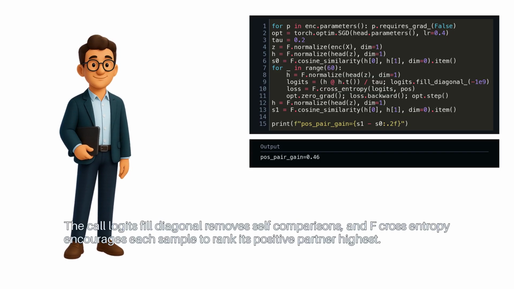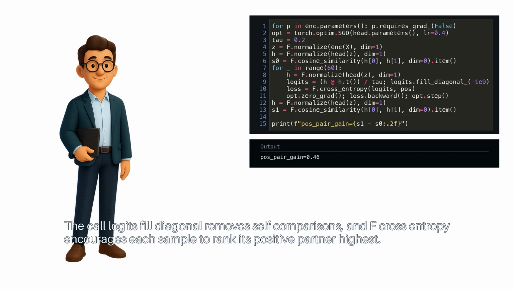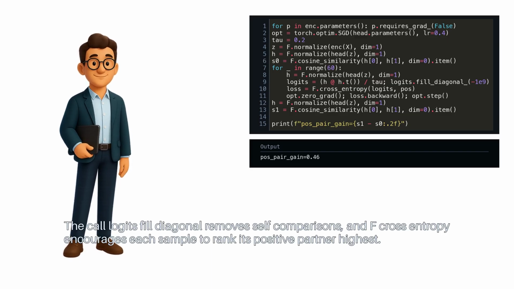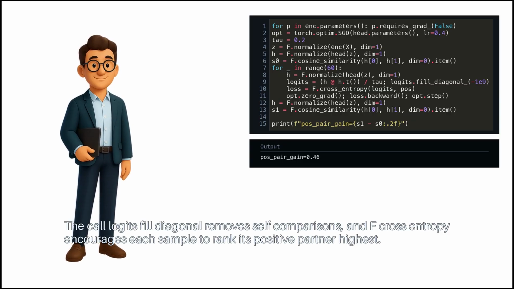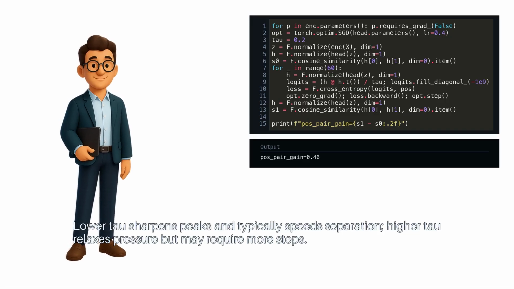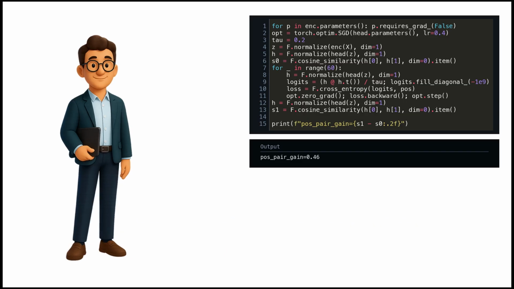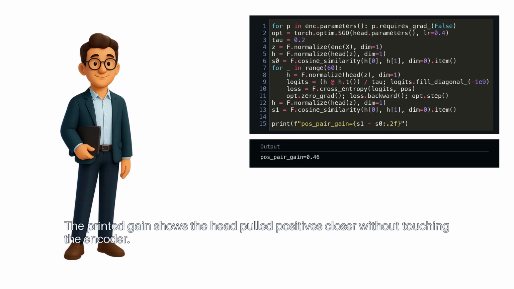The call logits.fill_diagonal removes self-comparisons, and F.cross_entropy encourages each sample to rank its positive partner highest. Lower tau sharpens peaks and typically speeds separation. Higher tau relaxes pressure, but may require more steps. The printed gain shows the head pulled positives closer without touching the encoder.